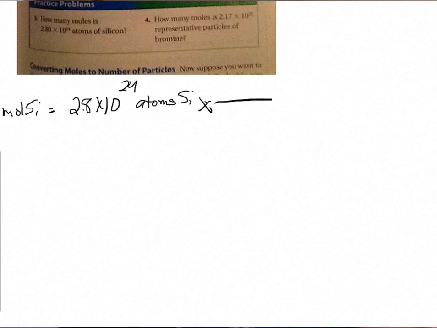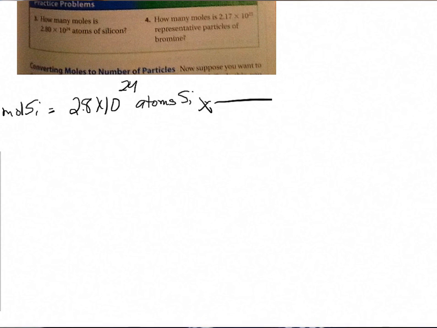Okay. So it says question 3. How many moles is 2.8 times 10 to the 24th atoms of silicon? So we want to know how many moles of silicon equal 2.8 times 10 to the 24th atoms of silicon. Now remember, every mole has 6.02 times 10 to the 23rd of those particles.